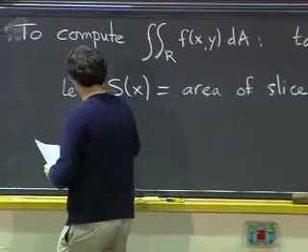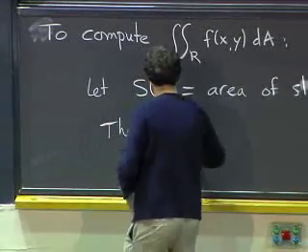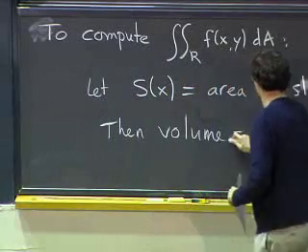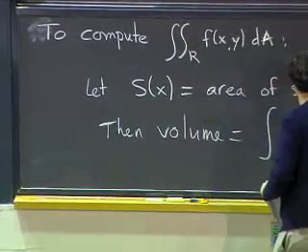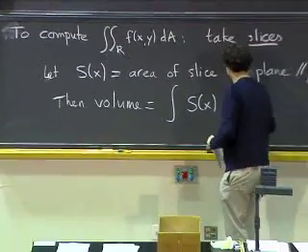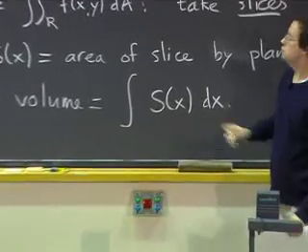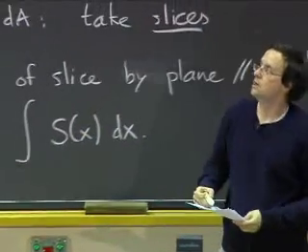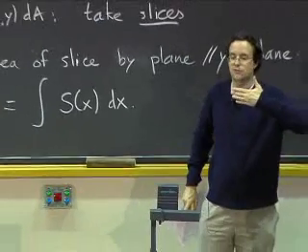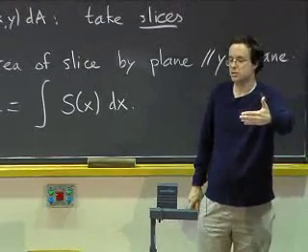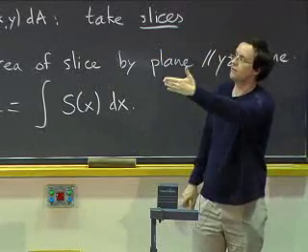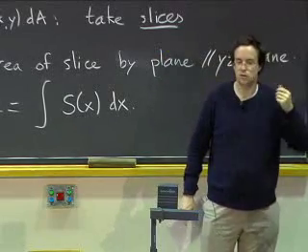Then the volume will be the integral of S of x dx. From, well, what would be the range for x? We would have to start at the very lowest value of x that ever happens in our region, and go all the way to the very largest value of x.